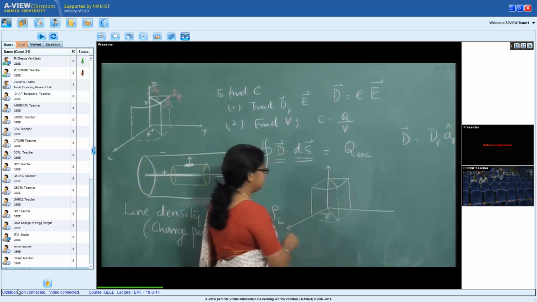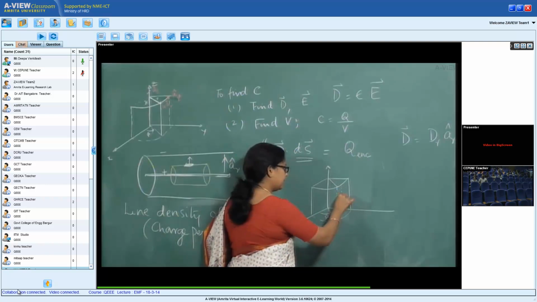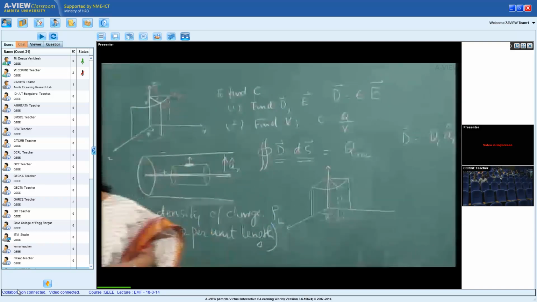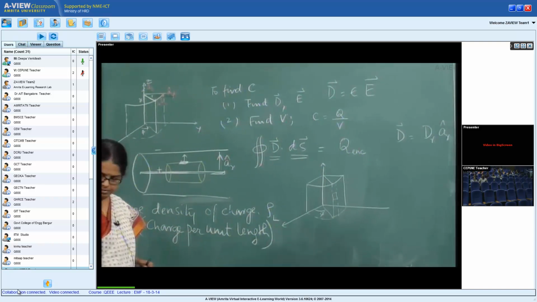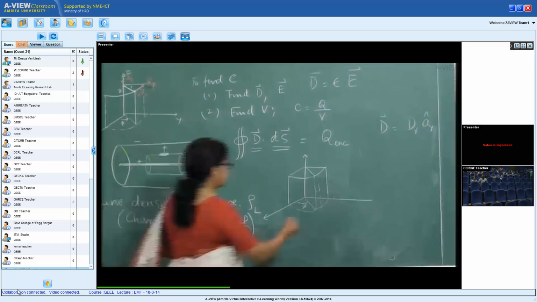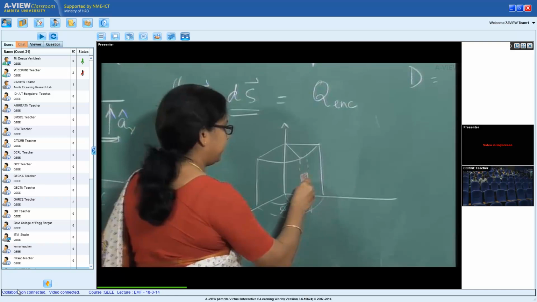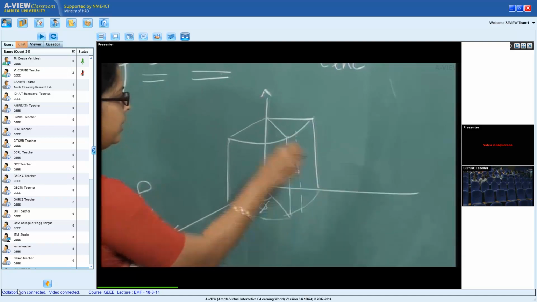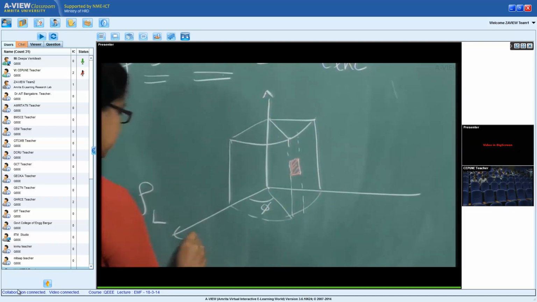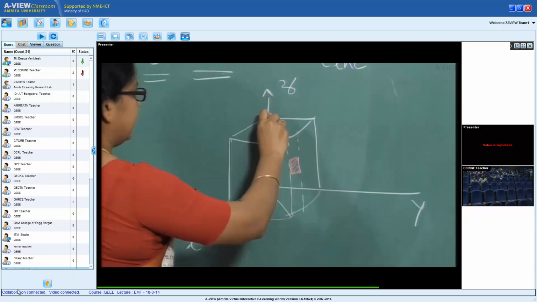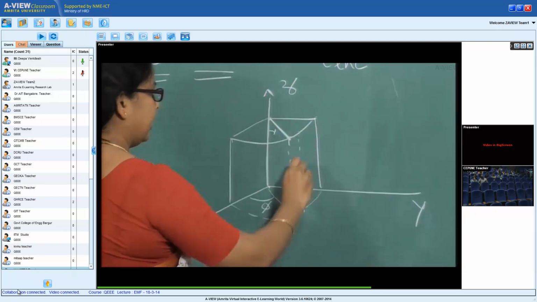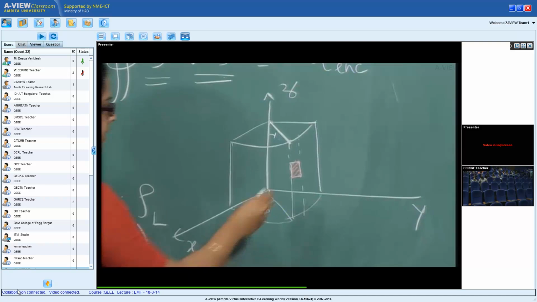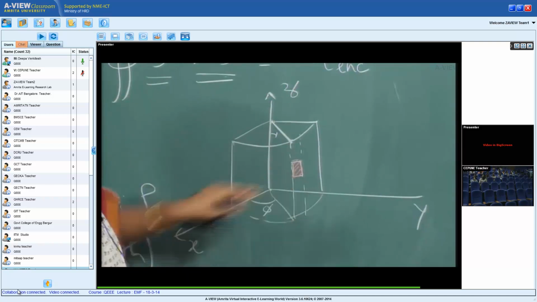This is my phi. Where is my ds? ds is this elemental area with its direction pointing outward, which is along R. So this is my x, y and z, this is my R, and this area, how do I find this red hatched area?